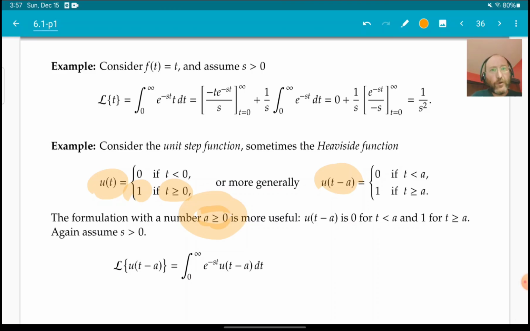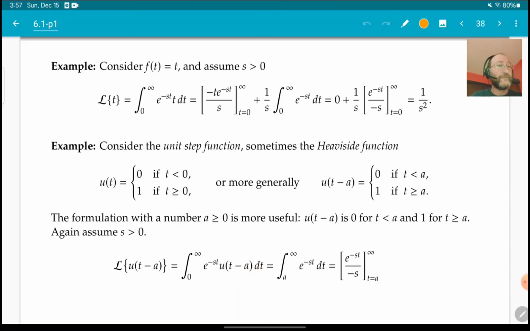Anyway, so let's do the Laplace transform of this rather simple function. Again, I just plug it into the formula, and you notice that this thing is zero until a, and then it's one. So I'm integrating zero from zero to a, and then I'm just integrating e to the minus st from a to infinity.